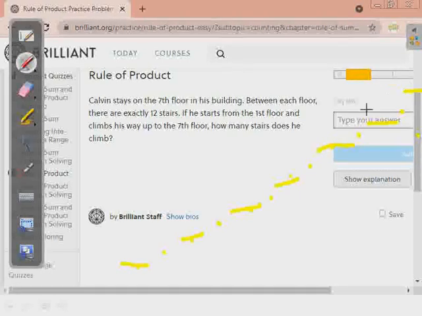So he is on the 7th floor, and there are exactly 12 stairs between 2 floors. So that means there are 12 stairs, 12 stairs, 12 stairs, 12 stairs, 12 stairs, 12 stairs. So there are 6 times 12 stairs, and that is 72.